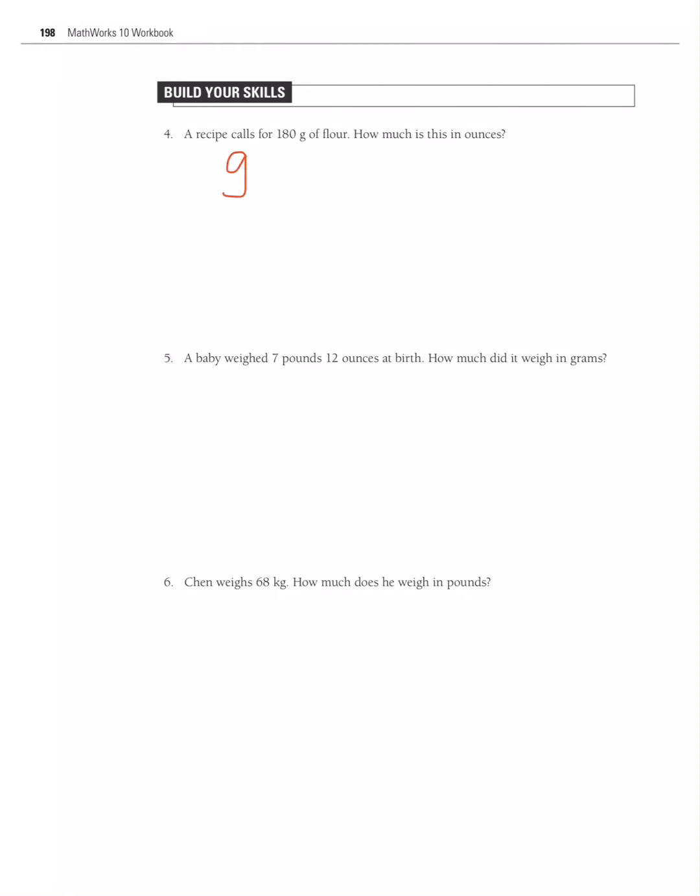So we have to go from grams to ounces. And so if we look at our formula sheet, it says 1 ounce is 28.3 grams. So to go from grams to ounces, we have to times by 28.3. So that's all we have to do. 180 grams times 28.3.